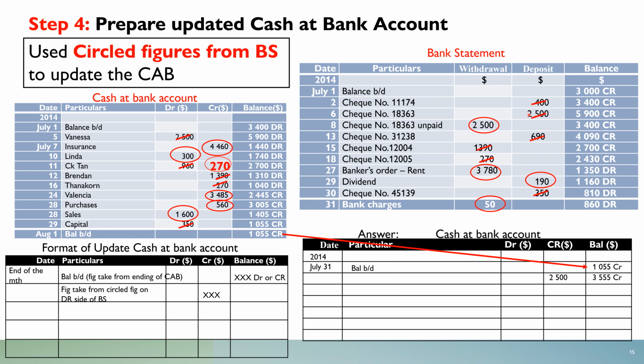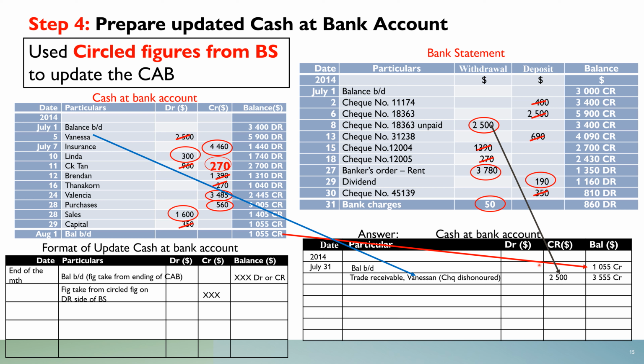This figure was cancelled against the bank statement, but the bank dishonored the check 2 days later. So Vanessa's check was dishonored, and I'm going to fill in here: trade receivable, Vanessa, taken from here.